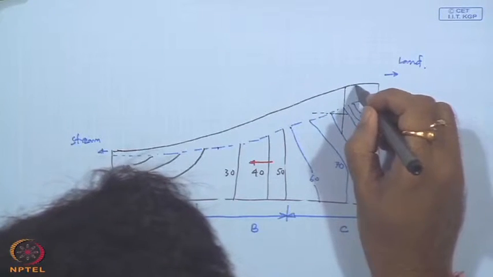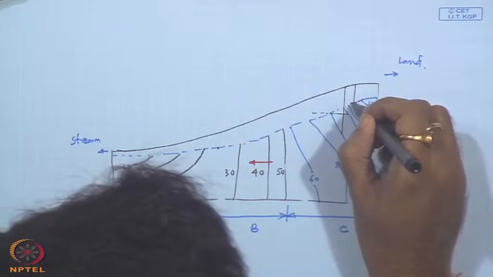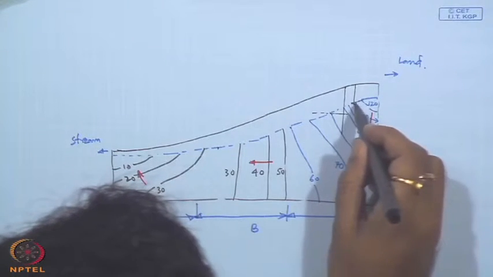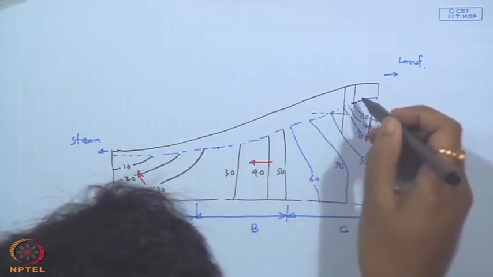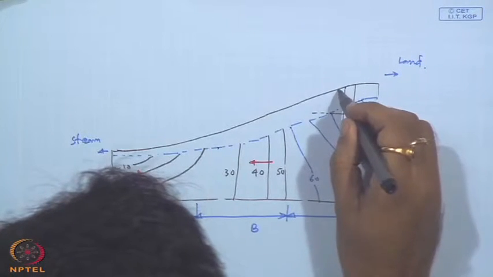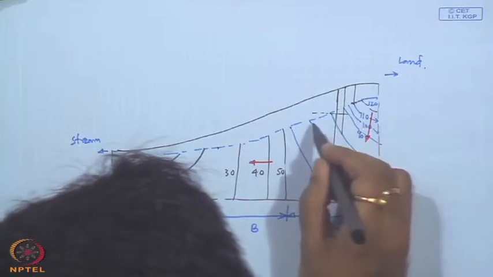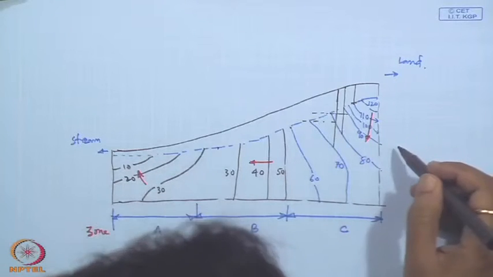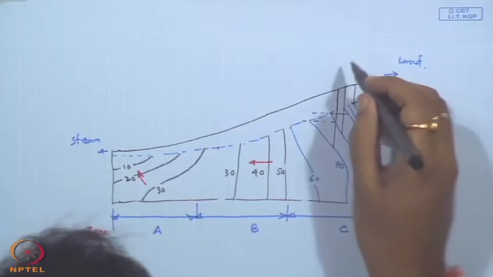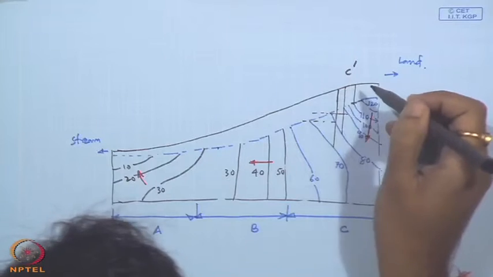Then if you are installing piezometers here, it will be exactly level with the water table, and if we further go down, then there will be again lowering of the piezometric level. So, let us say this is region C prime.